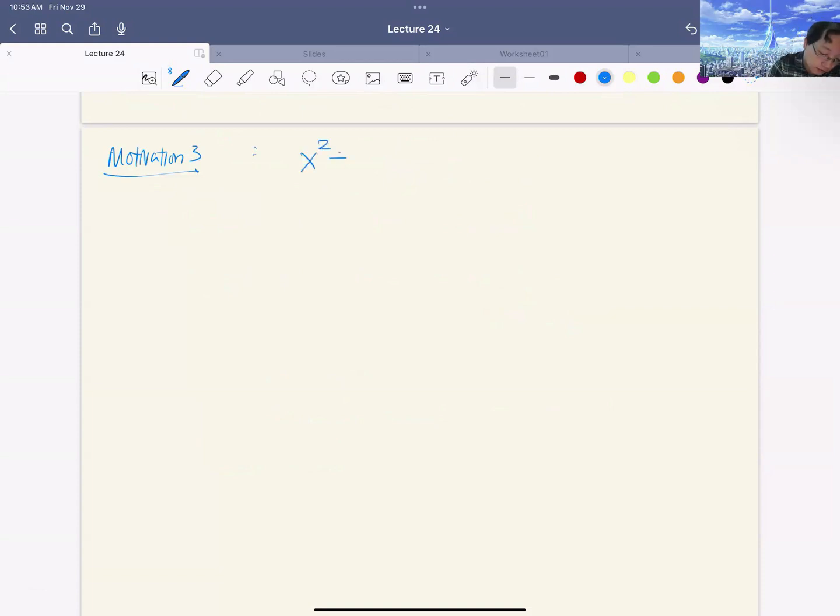So if we just look at the circle, this can be parameterized by, in the simplest case, sine t, cosine t, right? Everyone knows this. And also these are periodic functions, both are periodic functions.